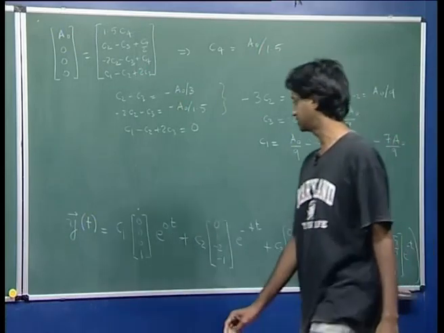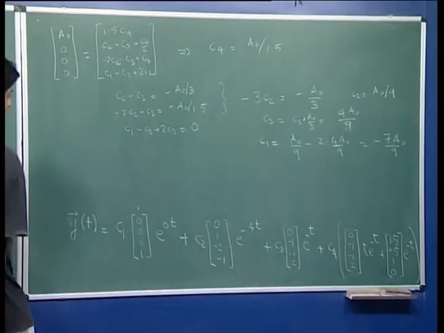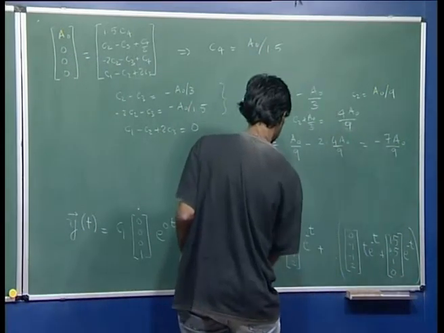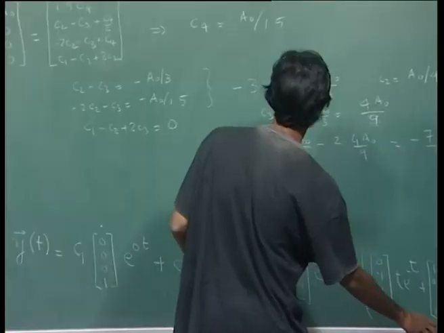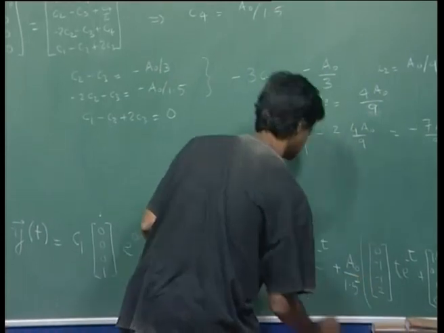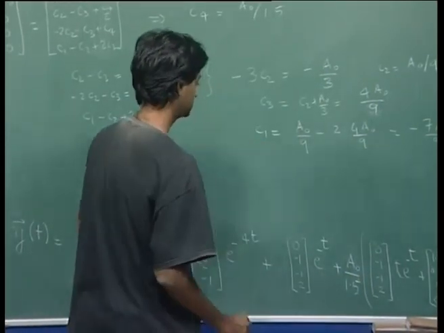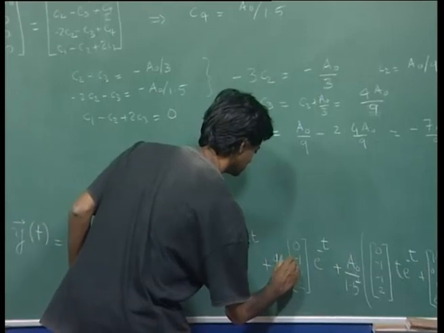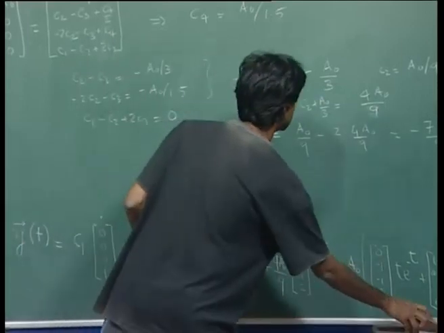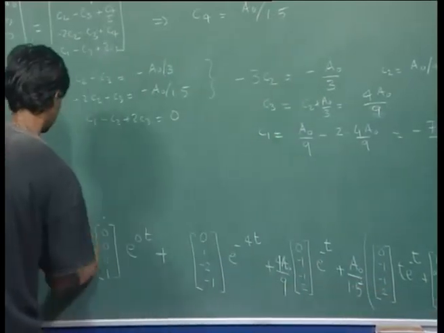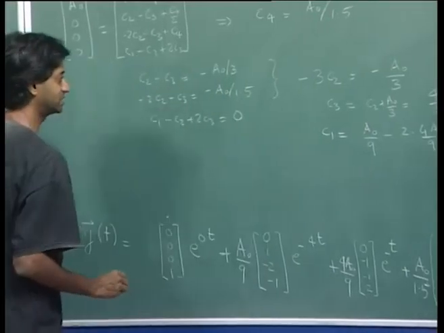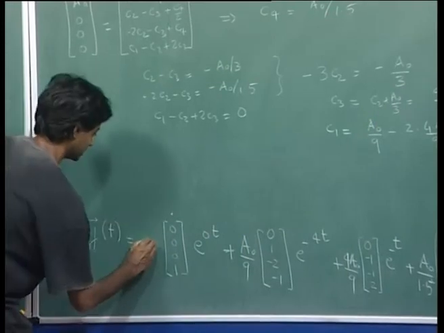So now we have the general solution. The general solution we can write down now in the following form. So C4 was A0 by 1.5, C3 was 4 A0 by 9, C2 was A0 by 9, and C1 was minus 7 A0 by 9.